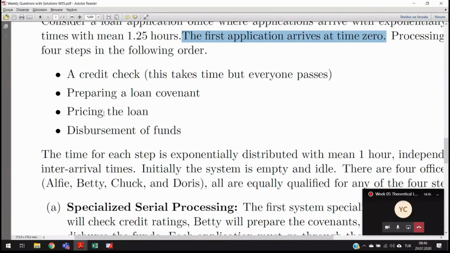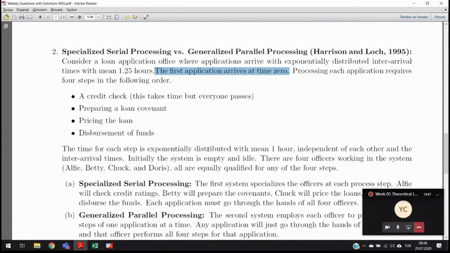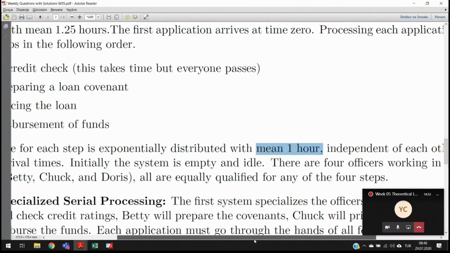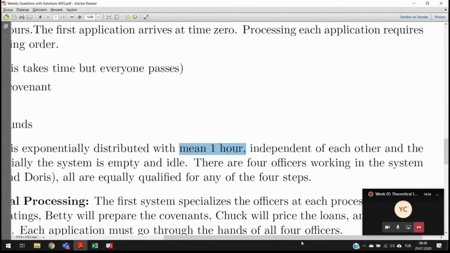Now, it says that each of these four steps has an exponentially distributed duration with a mean of 1 hour. Each of the four processes is independent from the others, and they are exponentially distributed. The process durations are exponentially distributed for each entity with a mean of 1 hour.